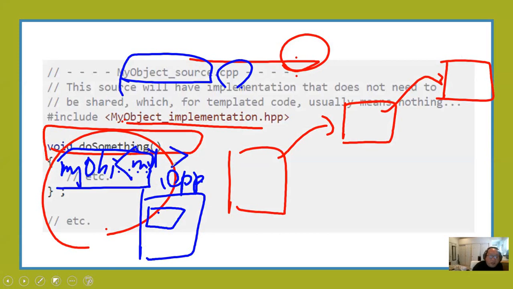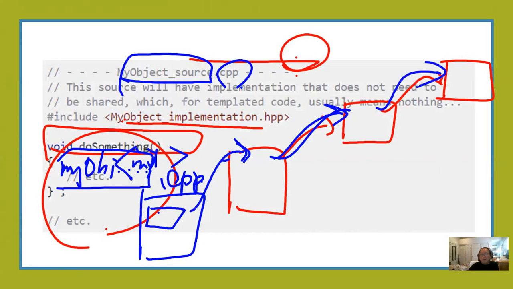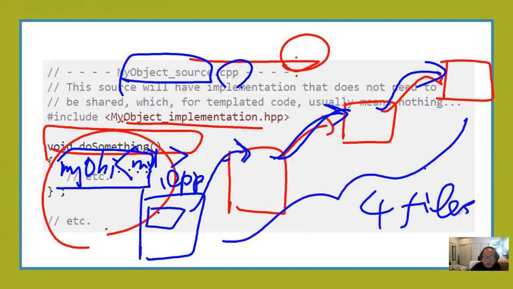And that one includes my object implementation.h, and my object implementation.h includes my object declaration.h, and my object declaration.h includes my object forward.h. So actually, one module now can have at most 4 files, not just one or two.